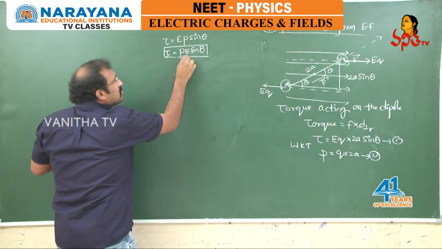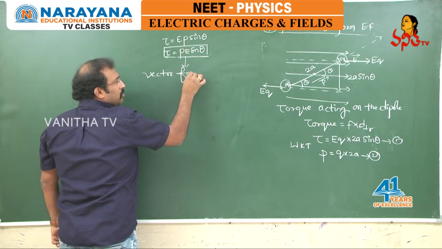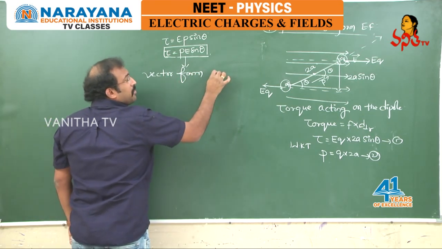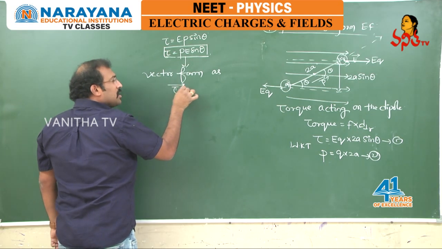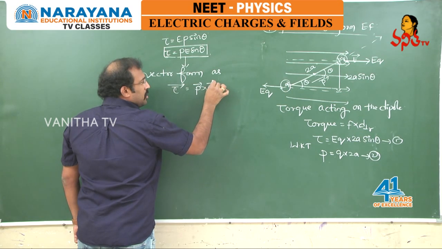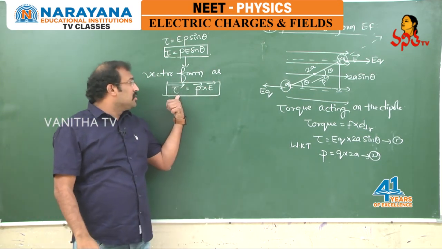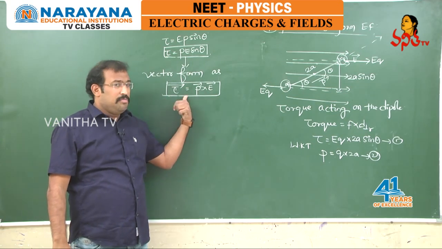In vector form, torque tau bar is equal to P bar cross E bar.